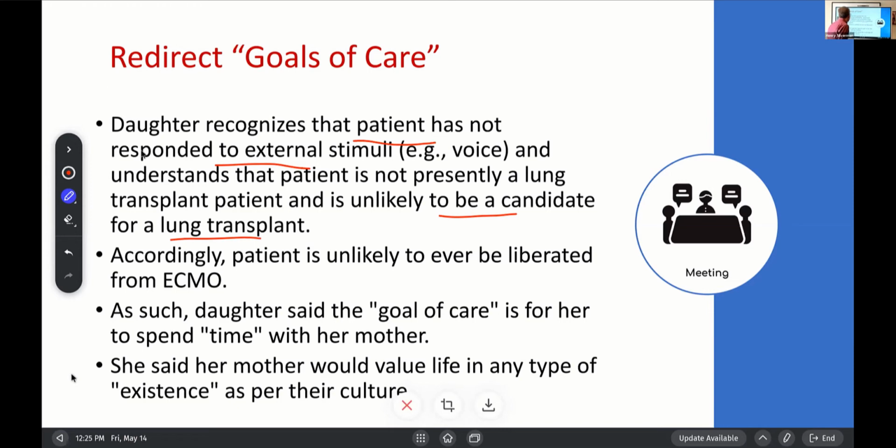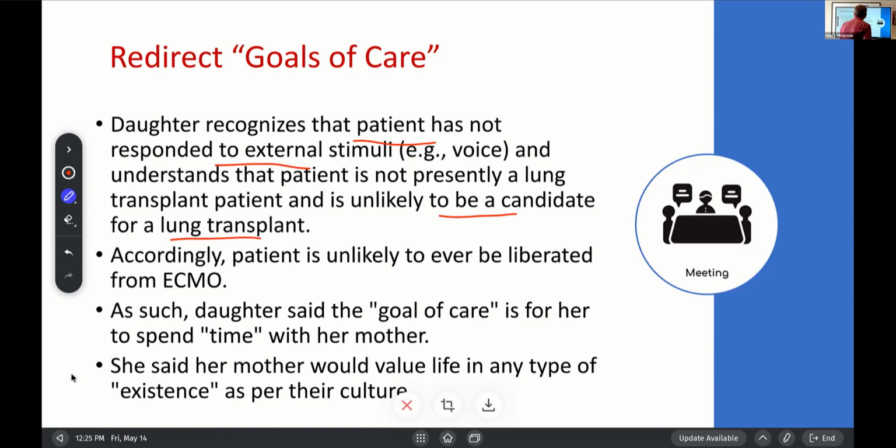So essentially we have the situation that the patient is unlikely to ever be liberated from ECMO, and we had a good discussion about what would now be the goal of care.